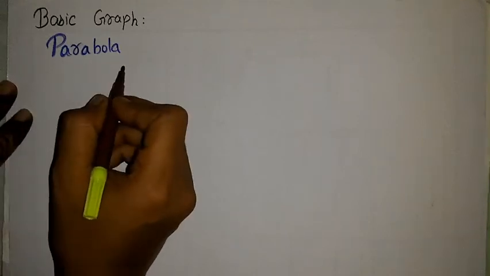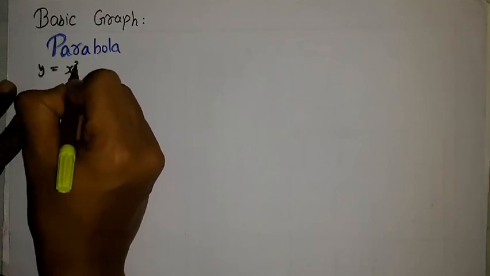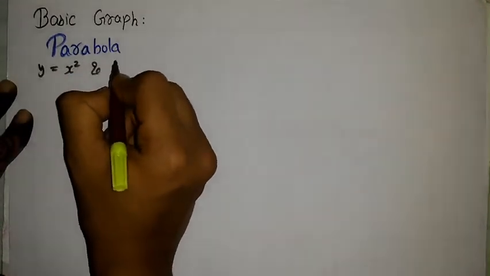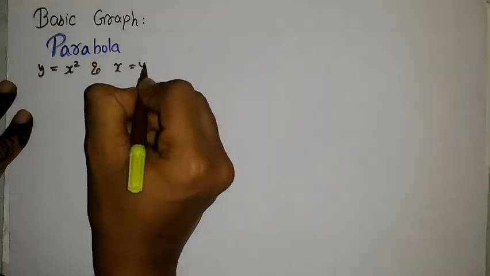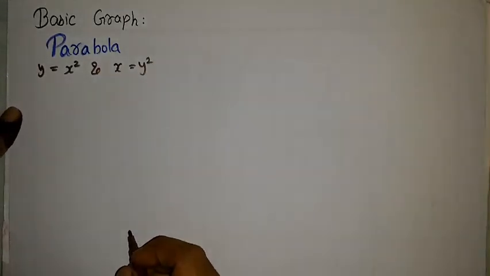So we are going to discuss the basic graphs of parabolas. Let's first discuss the basic graphs, that is y is equal to x square and x is equal to y square. These are also quadratic graphs, and they are used in many problems.